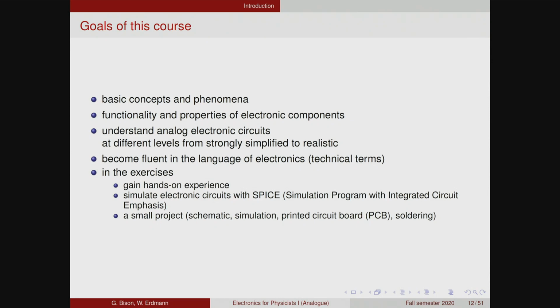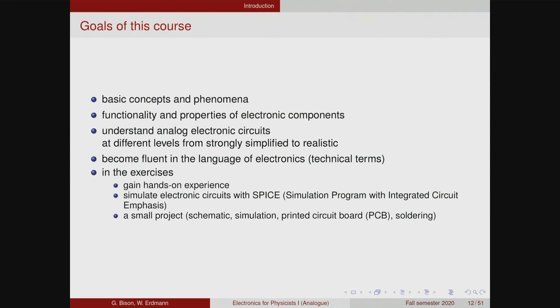But it helps enormously if you know the technical terms and speak the language of those people so that you can communicate efficiently. And for that, it's really important to do the process once yourself and be fluent in the language of electronics.